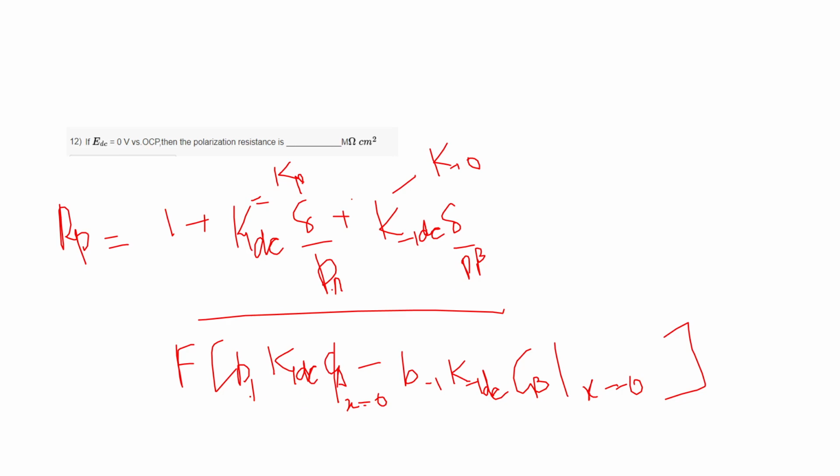B1 value is given in the question. Question number 7 you can look into. K minus 1 DC is known. CB and CA, what are all this? This is CB bulb and this is CA bulb.